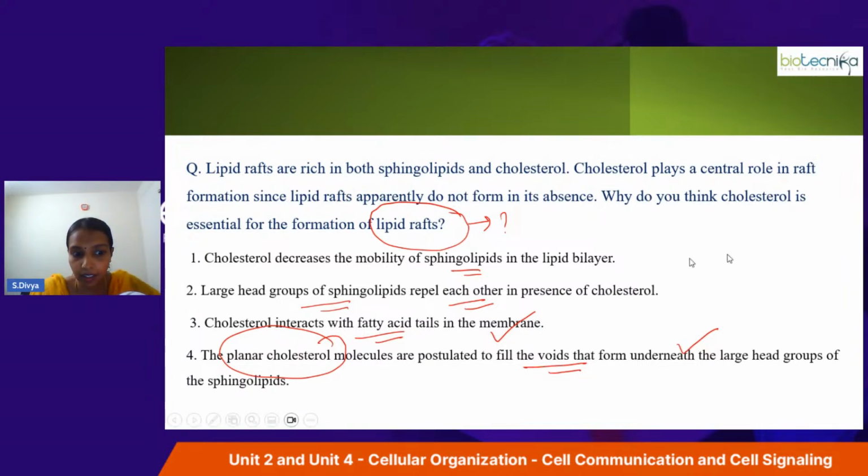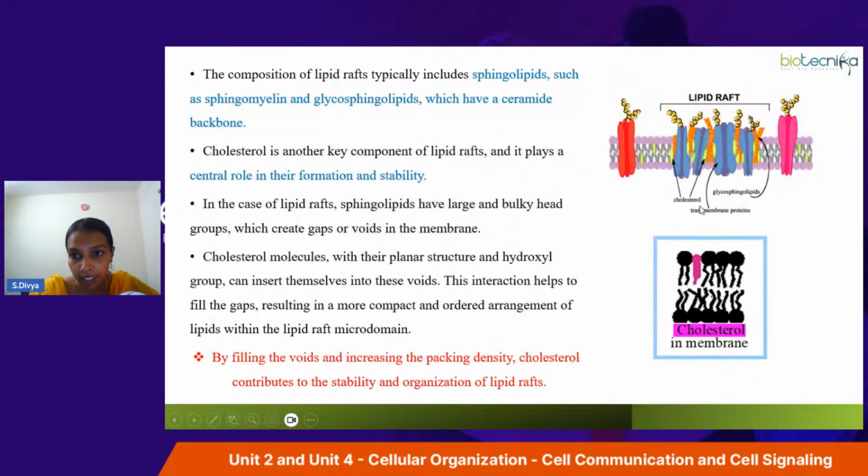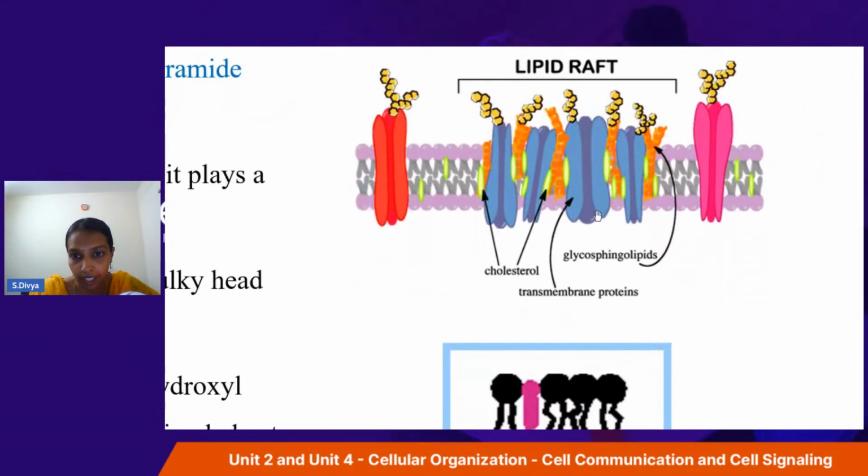Here, the correct answer becomes 4. Why it is 4 means the planar cholesterol molecules are postulated to fill the voids that form underneath the large head groups of sphingolipids. That means what? See, this is our lipid raft, right? You can see glycosphingolipids are present. These are your transmembrane proteins. So if you take the entire thing, we call it a lipid raft.